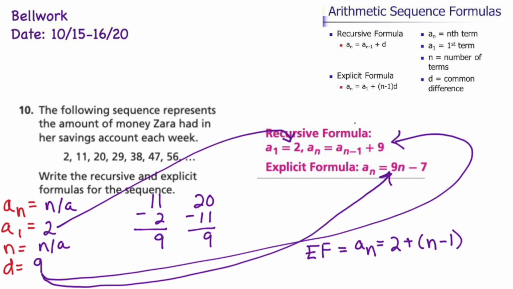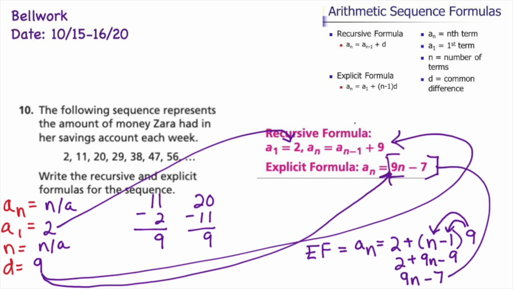So we have n minus 1 times the common difference, which is 9. If you distribute the 9 into the parentheses, you get 9n minus 9, and bring down the 2. And 2 minus 9 is negative 7. So your final answer is A sub n equals 9n minus 7. 9n, that's a tongue twister.